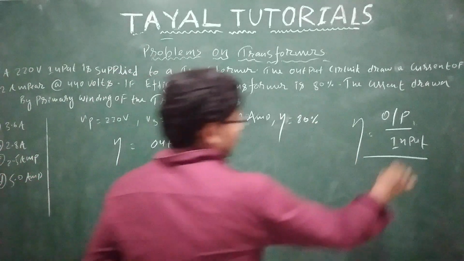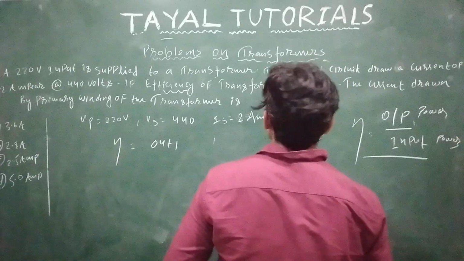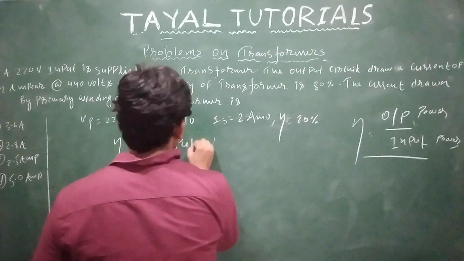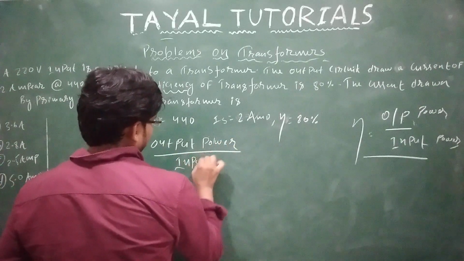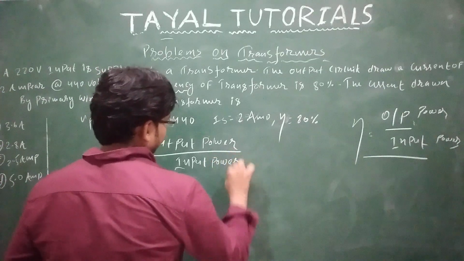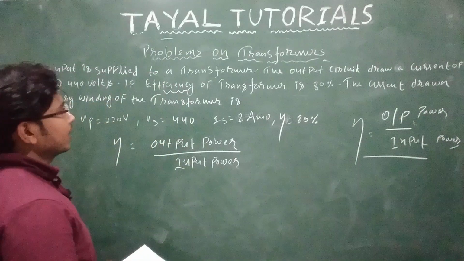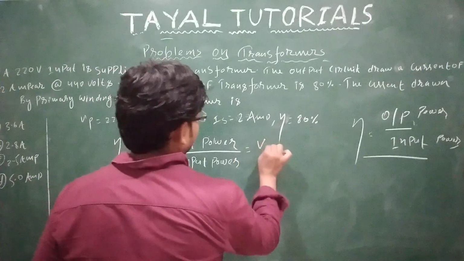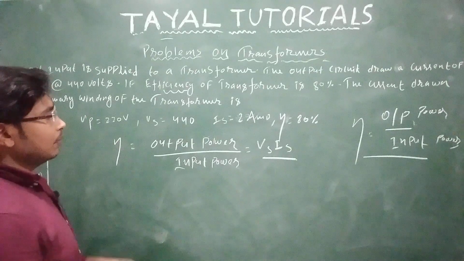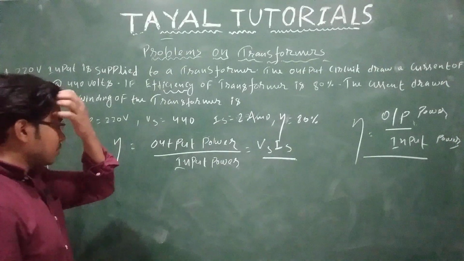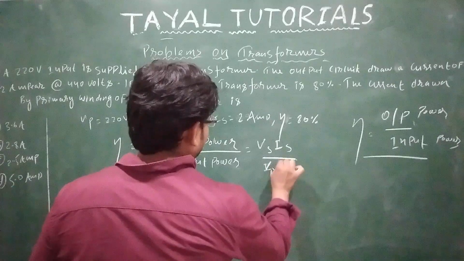You can write output power, which is your secondary Vs into Is, upon input power Vp into Ip, where Vp is your primary voltage and Ip is your primary current.